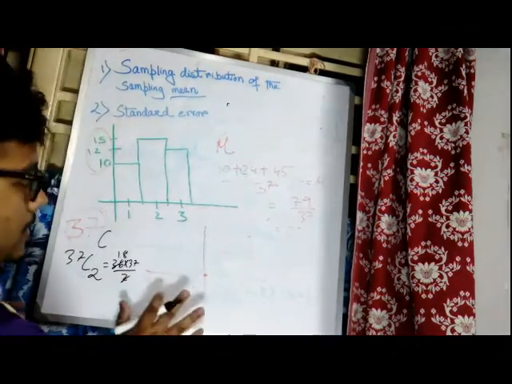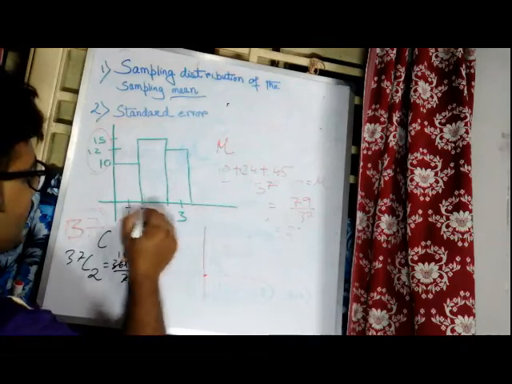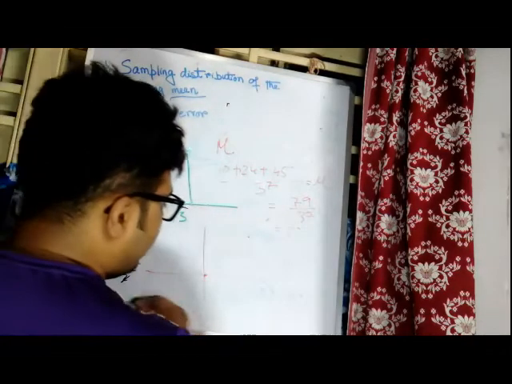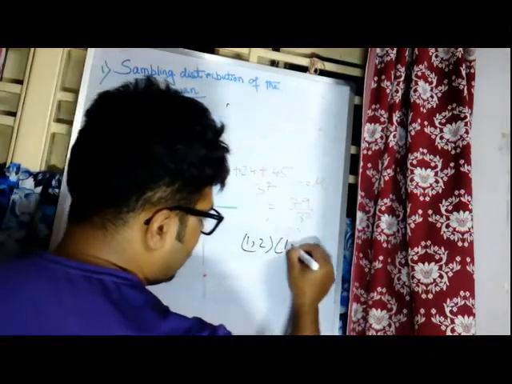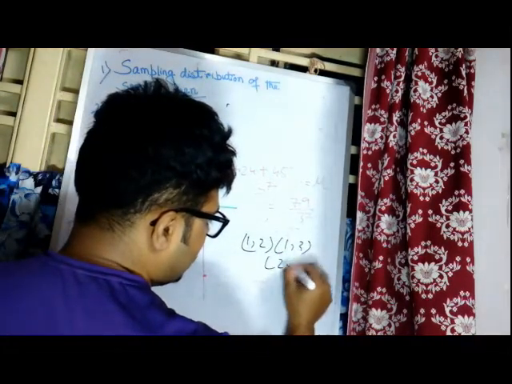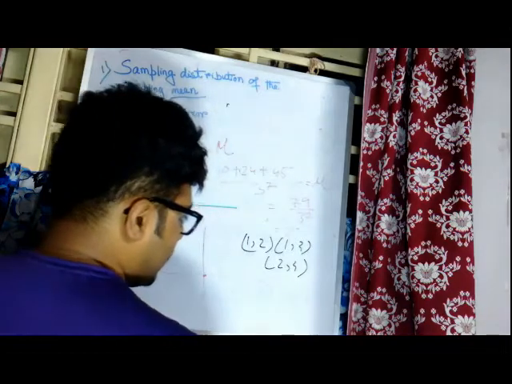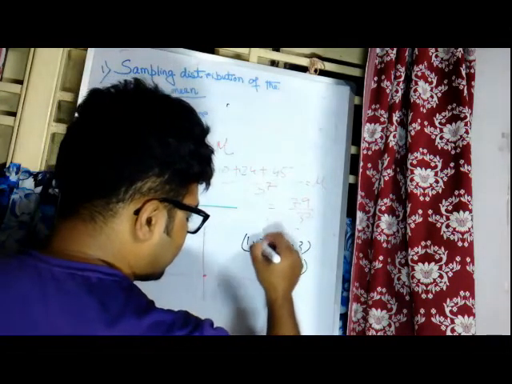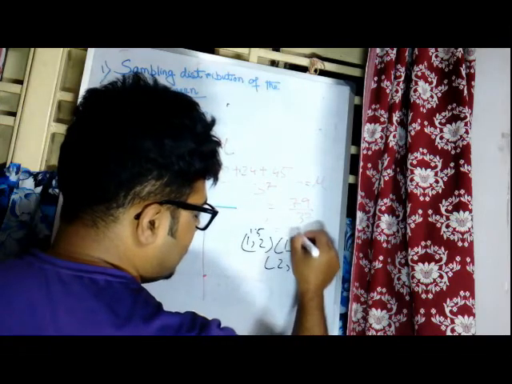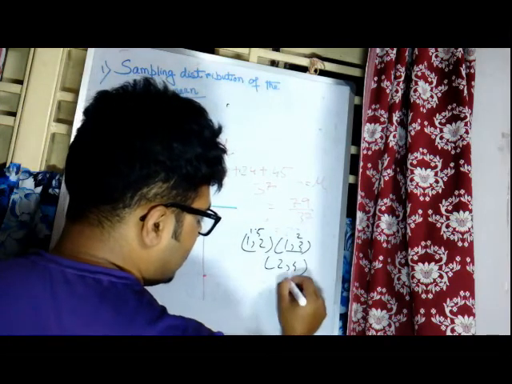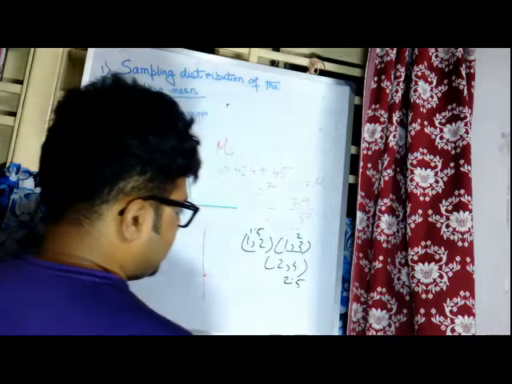But we don't need all this, because see the numbers are 1, 2 and 3. So if we take 2 samples, we will either get 1, 2, 1, 3 or 2, 3. Okay. So the mean of this will be 1.5, the mean of this will be 2, and the mean of this will be 2.5.